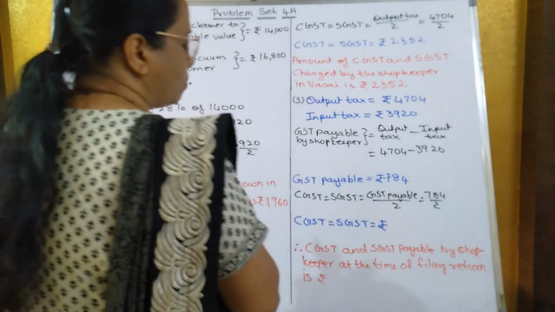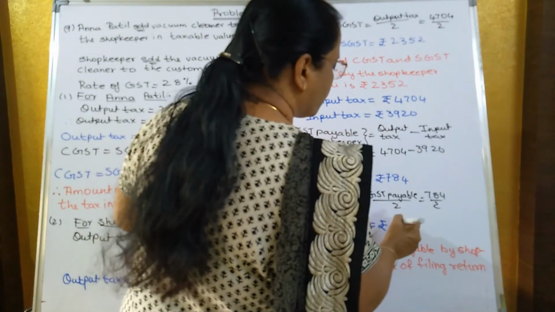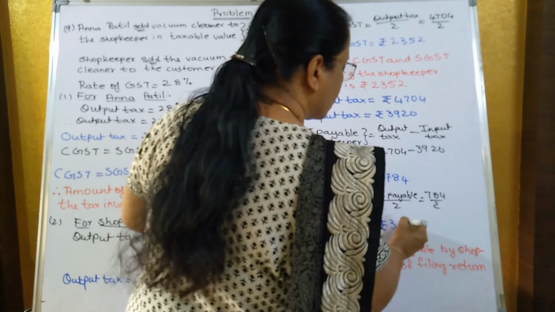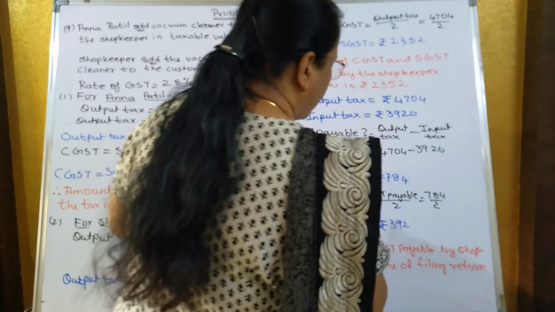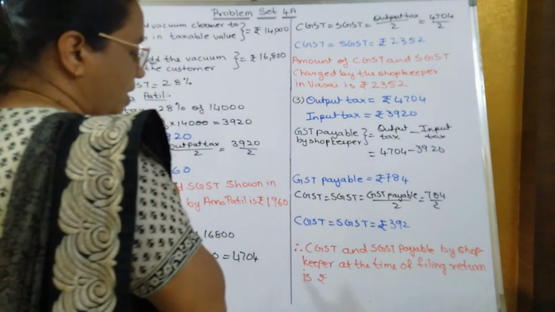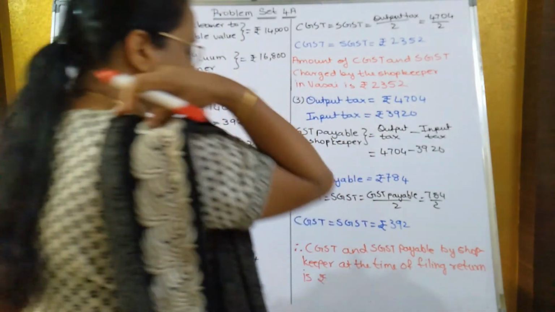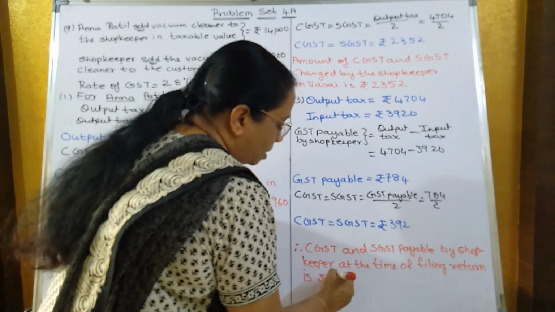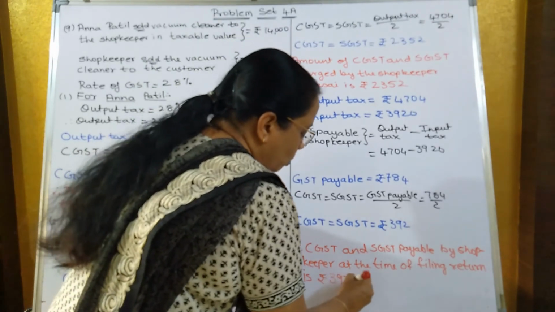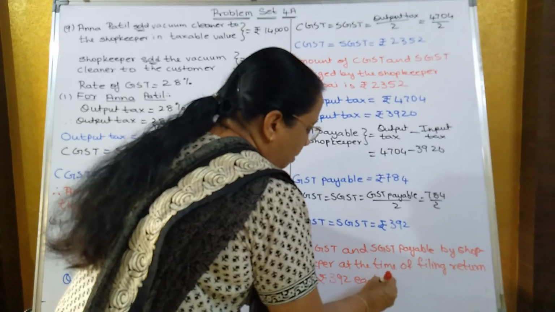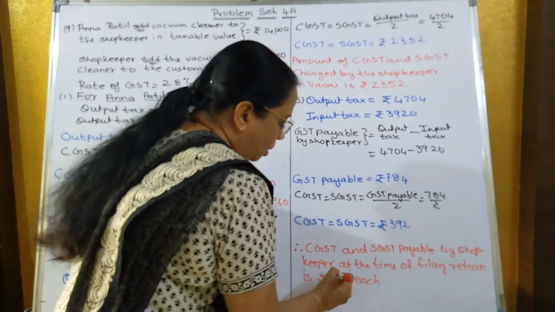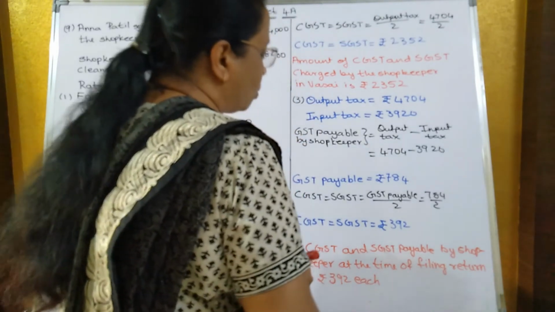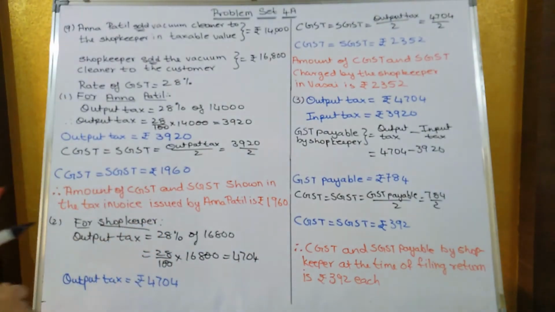So when you divide it by 2, what you get? 392. So the CGST and SGST payable by the shopkeeper at the time of filing return is how much? Rupees 392 each. That means CGST is also 392 and SGST is also equal to 392.